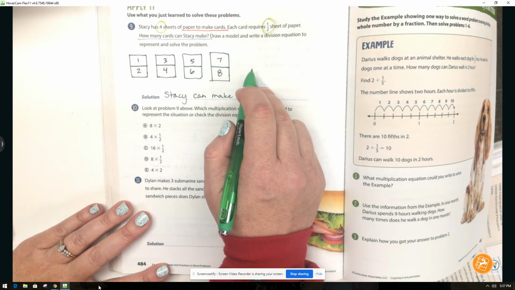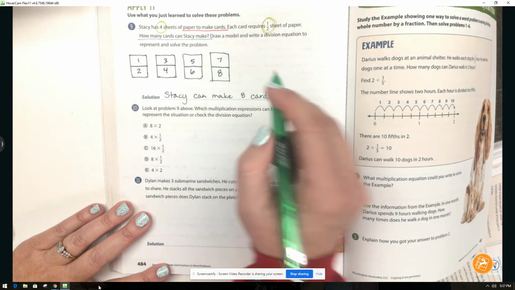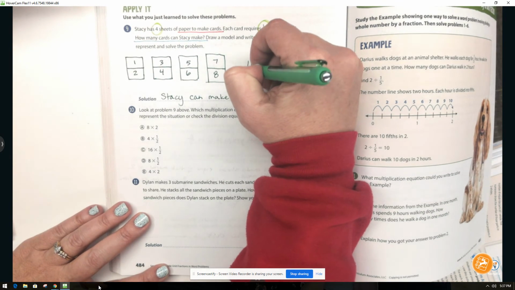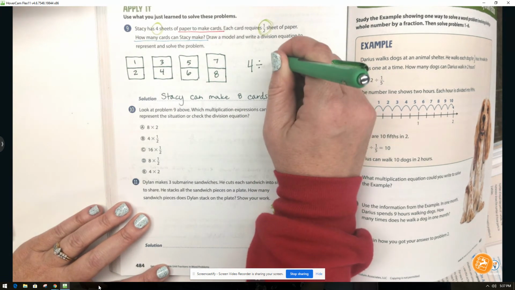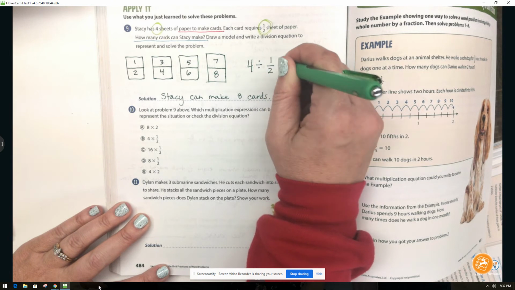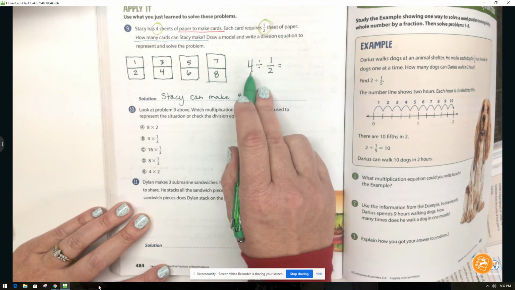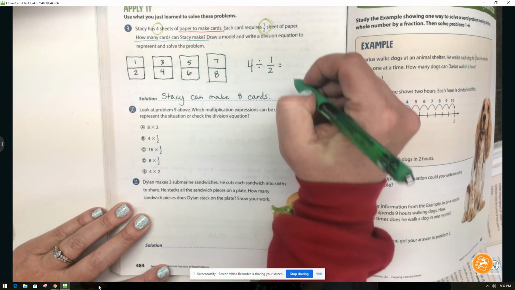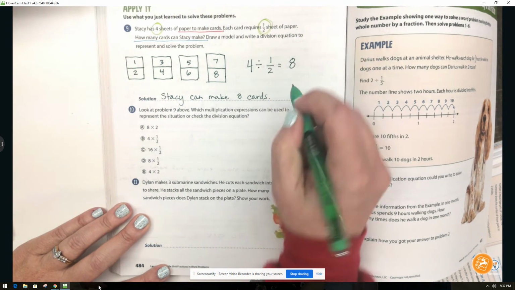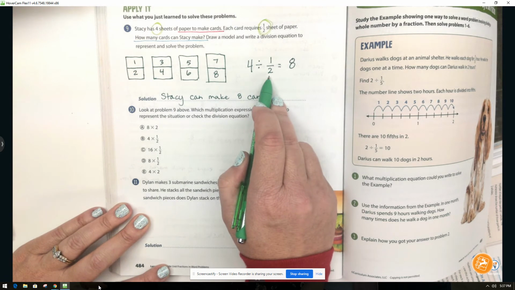What are we dividing? That's right, we're dividing the 4 sheets of paper. And then we're going to divide them each into 1/2 sections. And we know that if we divide 4 sheets of paper into 1/2 sections, we're going to get 8. We'll have 8 1/2 sections.